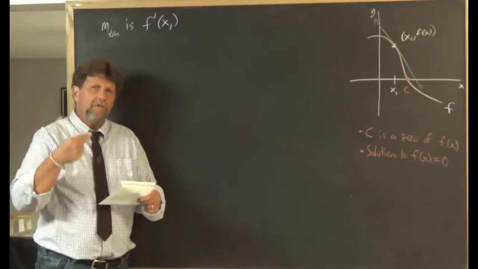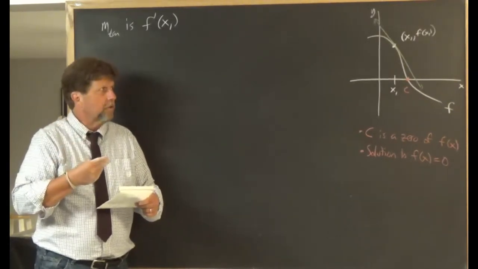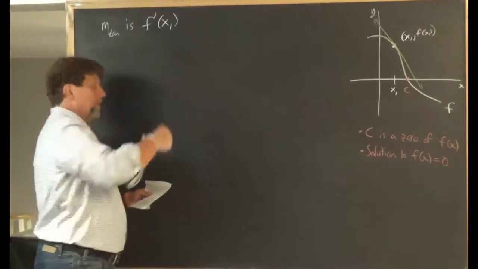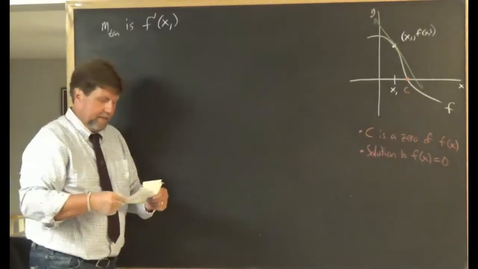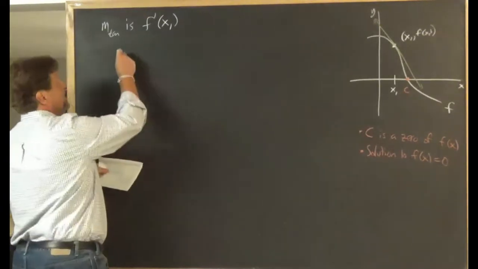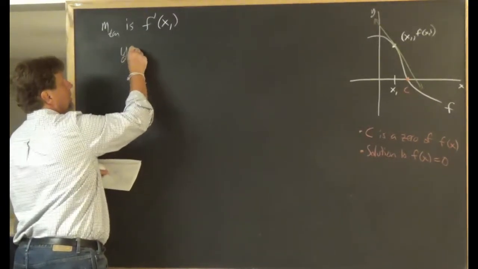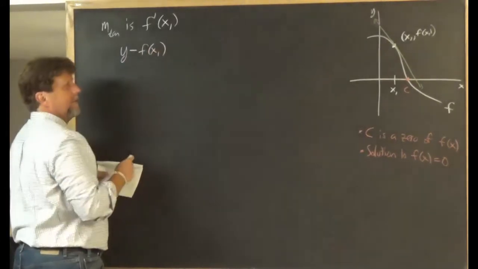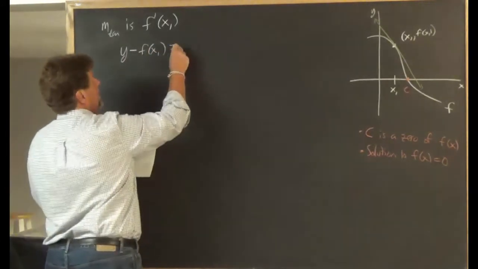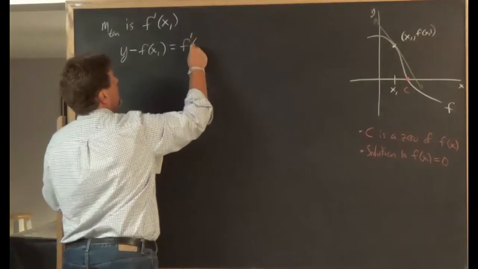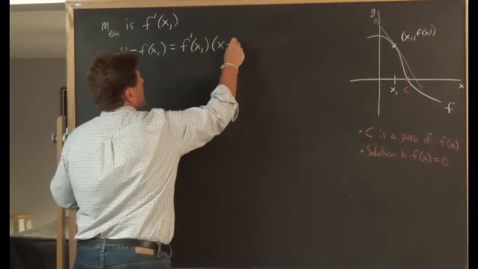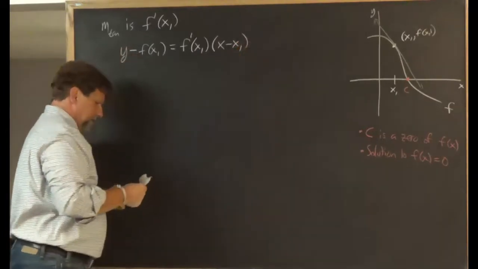So our equation of the tangent line that goes through the point x sub 1, f of x sub 1, with slope of f prime of x sub 1, well, if we use the point slope form, we'd have y minus y sub 1, y minus f of x sub 1, equals m times x minus x sub 1.